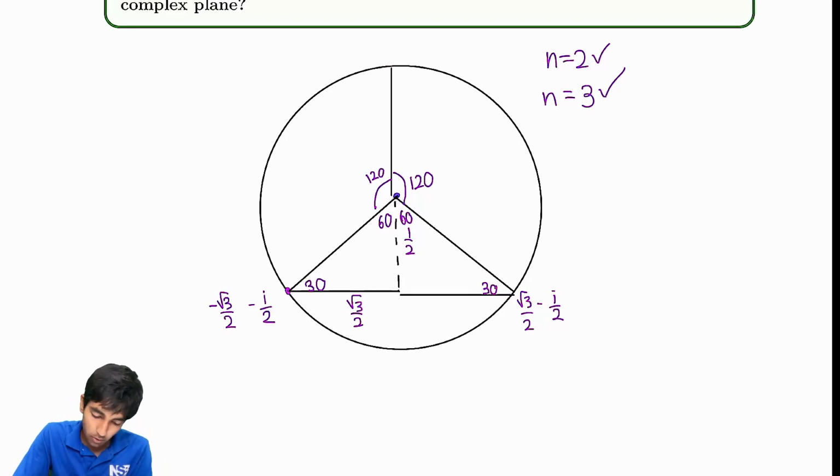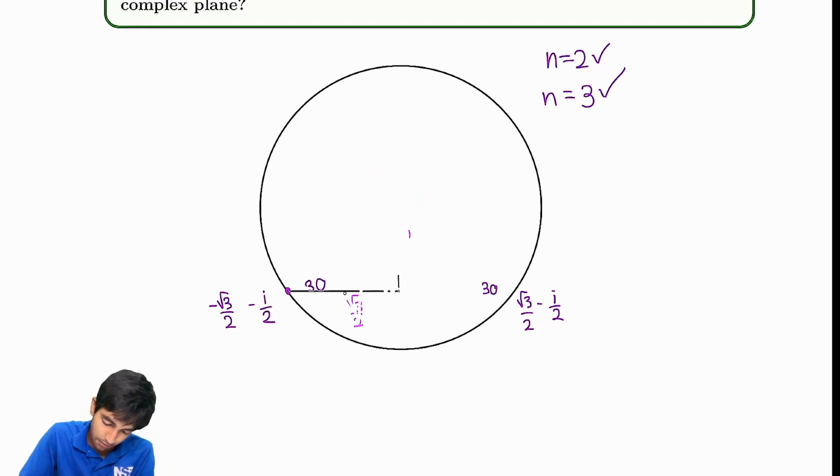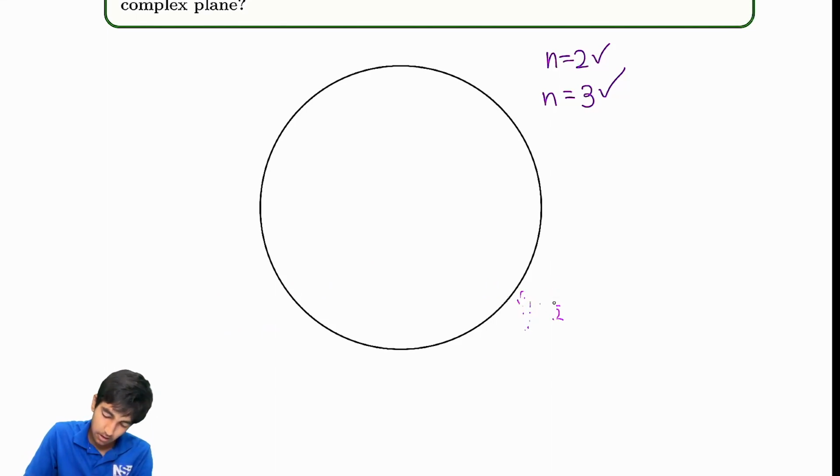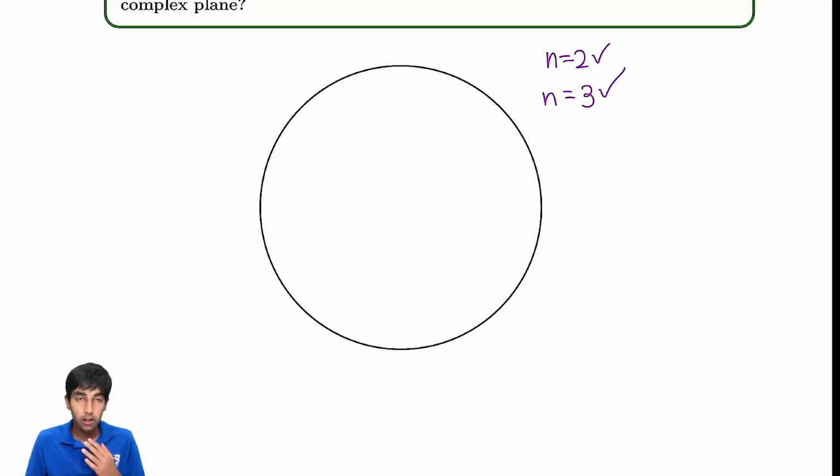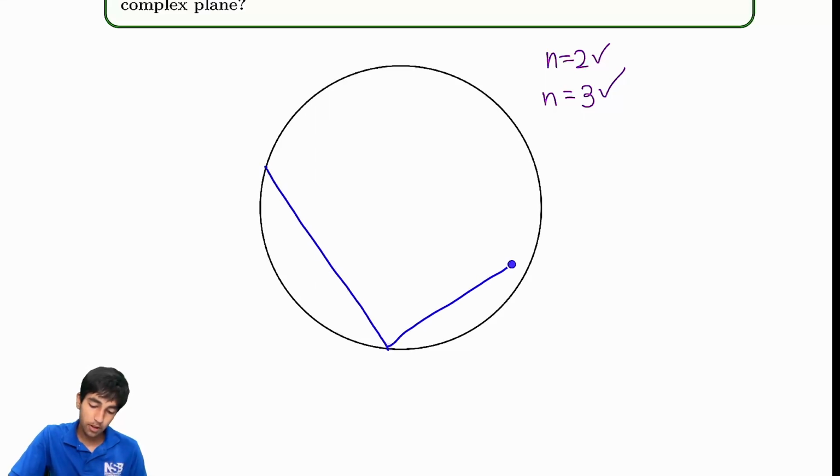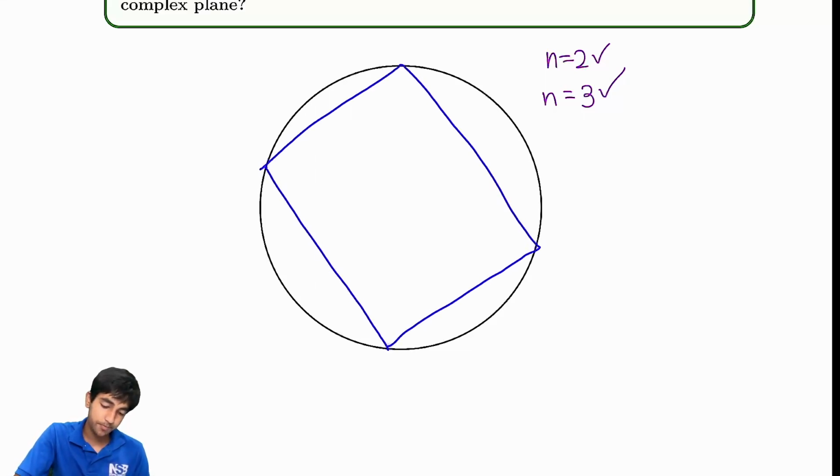Okay, now what about n equals 4? So now let's just erase all of this from our diagrams and we can start fresh. So now we have 4 points on the circle. Now the question is, is it possible that the points don't form a square, basically, in the complex plane?